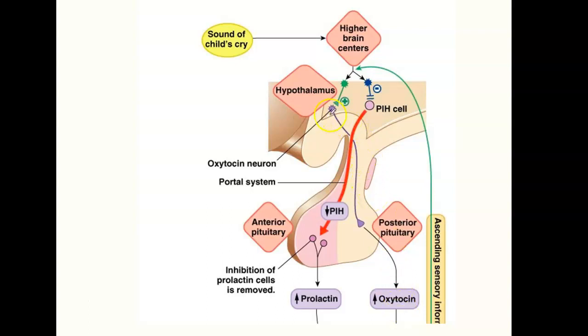Notice that this is a neuron, an oxytocin neuron. So it's producing a hormone. So it's called a neurohormone.